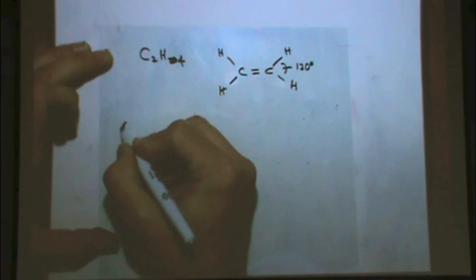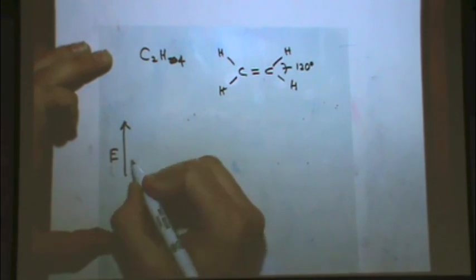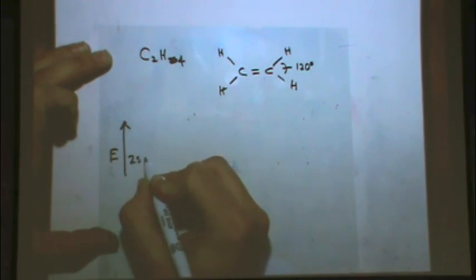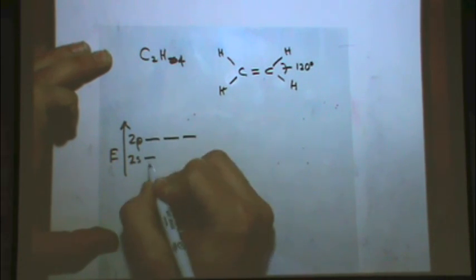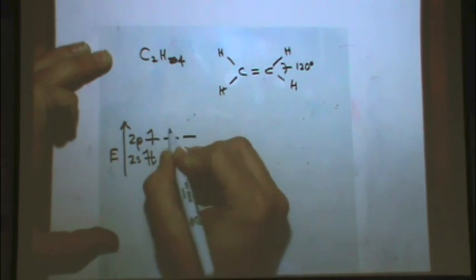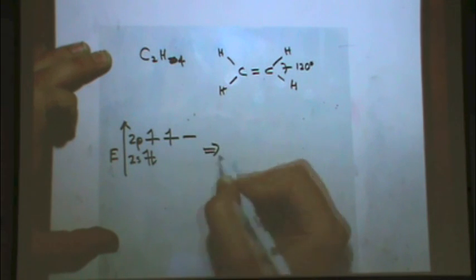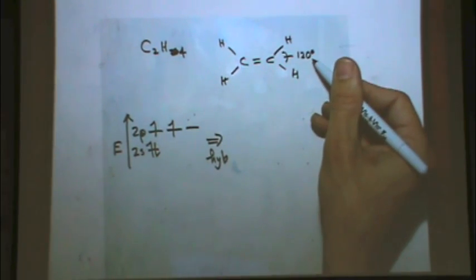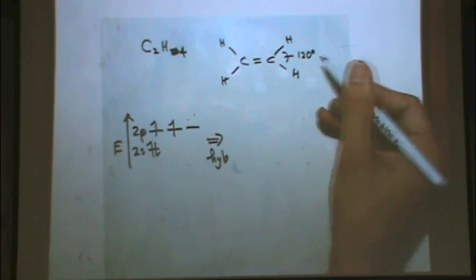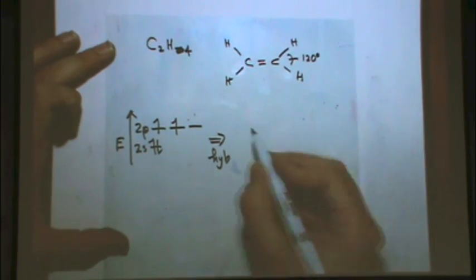Same starting point for carbon, 2s and 2p. But we think it hybridizes differently. It has to, because we need 120 degree bond angles. And how do we get that?